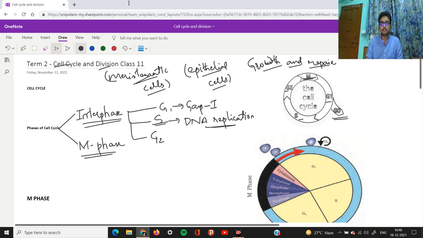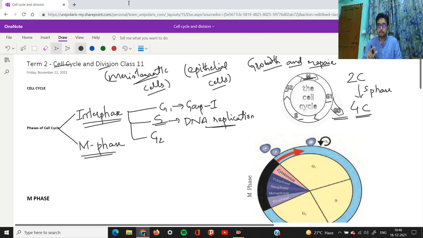If you have studied your NCERT, it has clearly given that you have a 2C content of DNA before the S phase. After S phase, how much will you have? 4C content of DNA. That's how you denote the S phase and the DNA content.